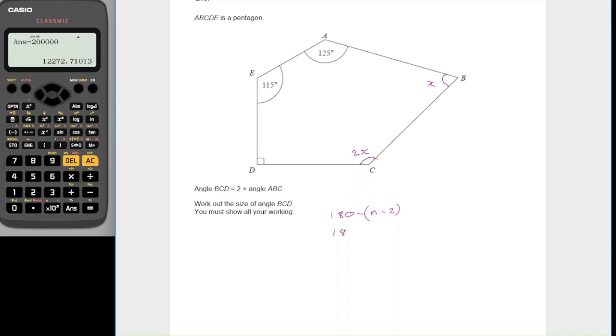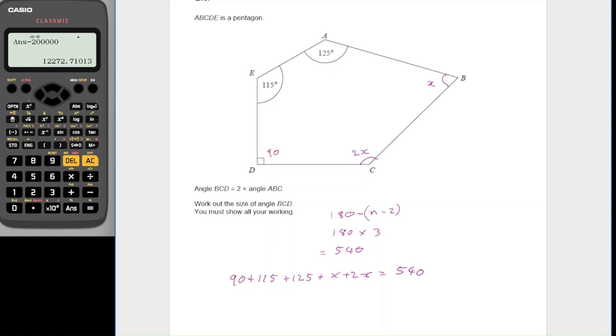So 180 times by 3. That's 540. So we know that the angle sum then, so I'm going to do 90 plus 115, because that's 90 by the way, plus 125 plus x plus 2x has to equal 540.